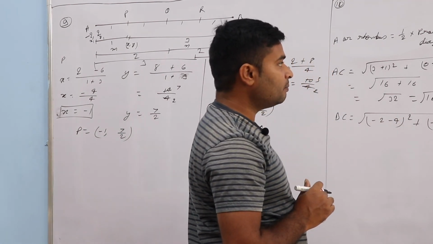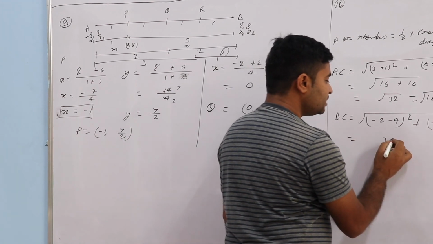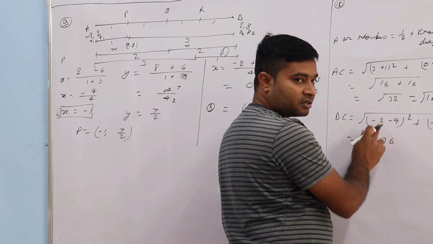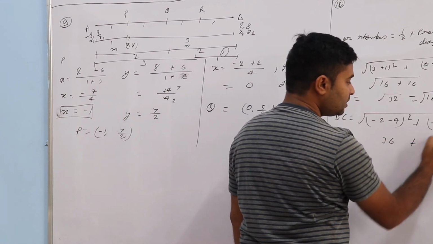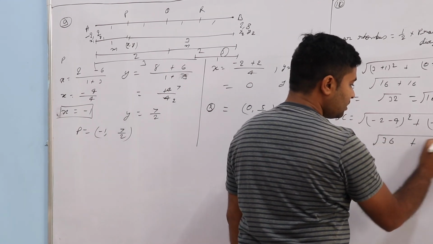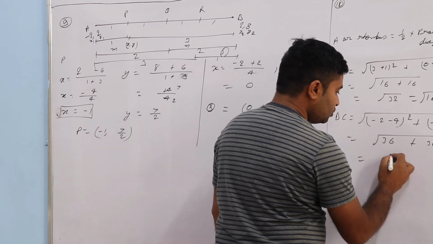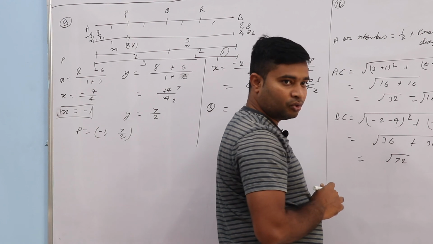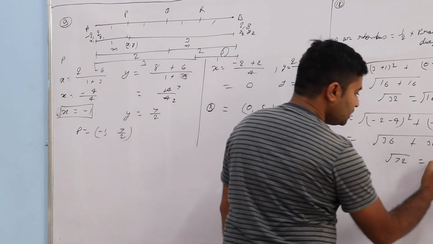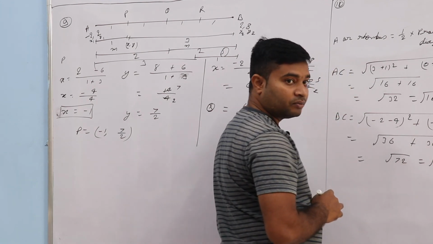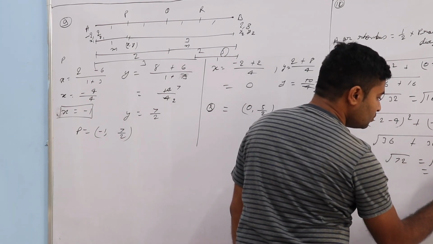Hmm, so this is 36, minus 6 square is 36, plus this is also 36. Means root over 72, which is root of 2 into 36, means 6 root 2.